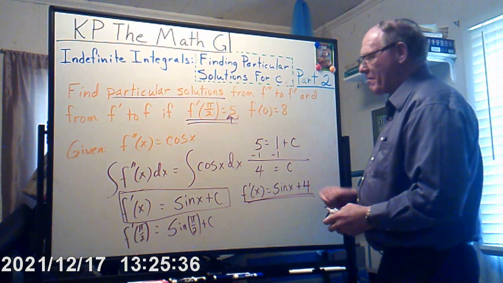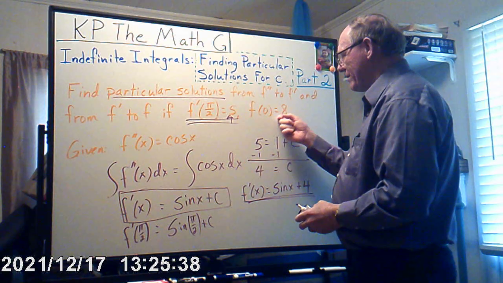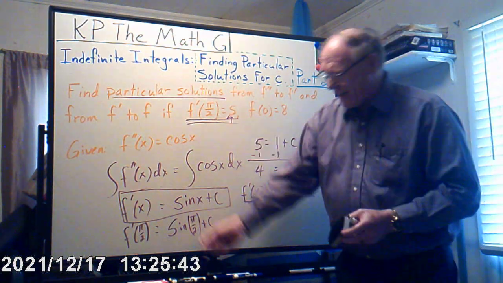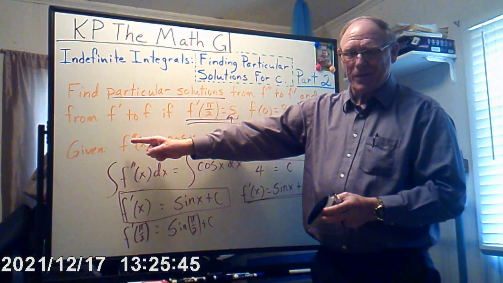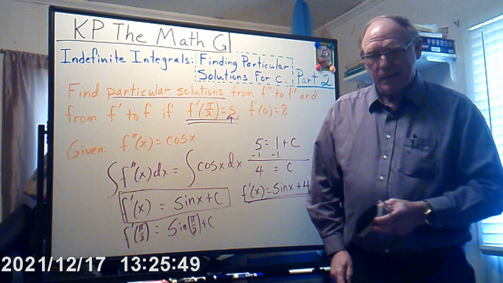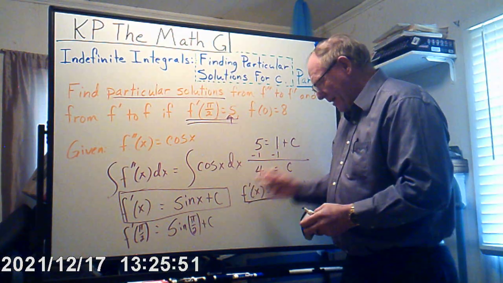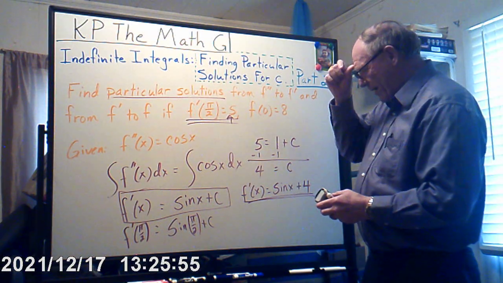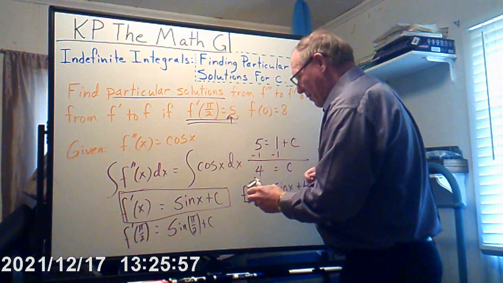Now remember, we want to find f at 0 equals 8 as well. We first had to take the antiderivative of this double prime to get the single prime here, didn't we? And now we're going to take that single prime off, and we're going to get down to just f. So let's do that. I don't want to turn this board over.